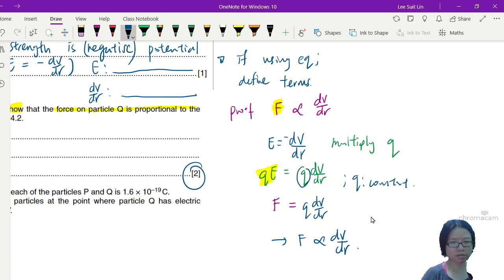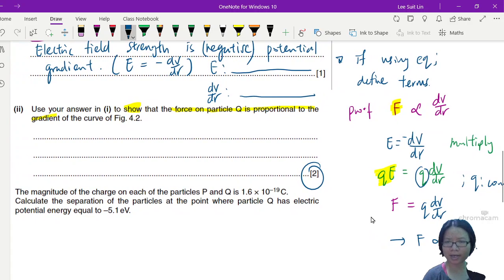But it's 2 marks, and they gave you lines. This means you have to explain all the important steps. I think the first important step I want to talk about is F being proportional or equal to QE for the same charge. So I'm going to write that as a sentence first.